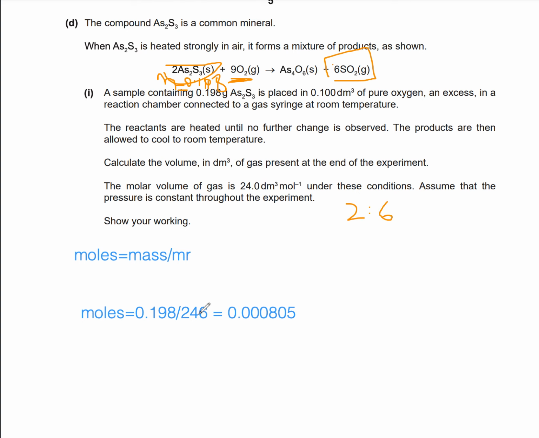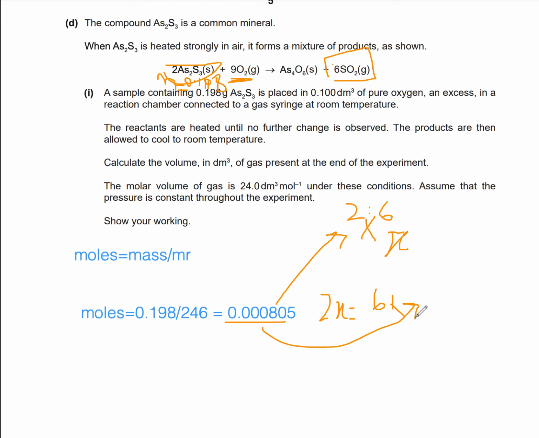And in the experiment, the moles of As2S3 are 0.000805, and we need to calculate the moles of SO2. So we cross multiply. What do we get? We get 2x equal to 6 multiplied by this number over here.